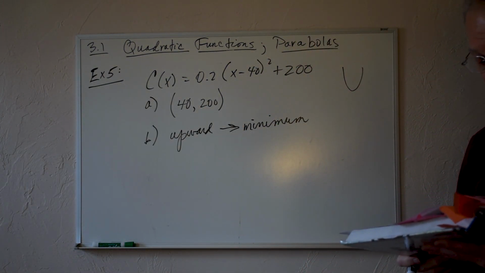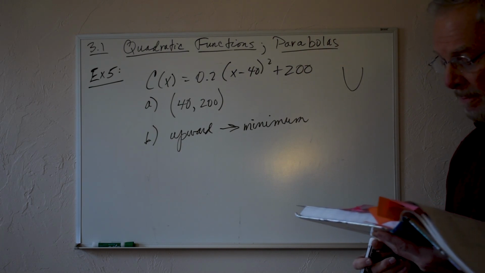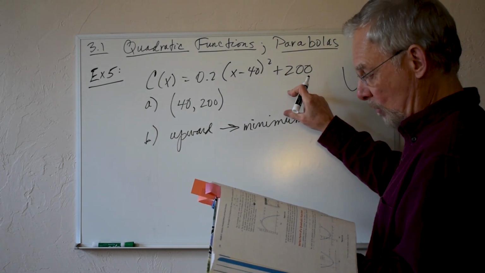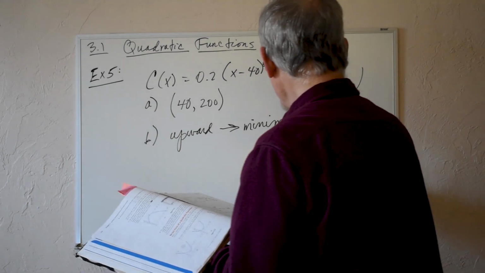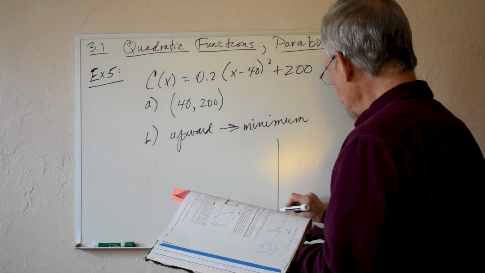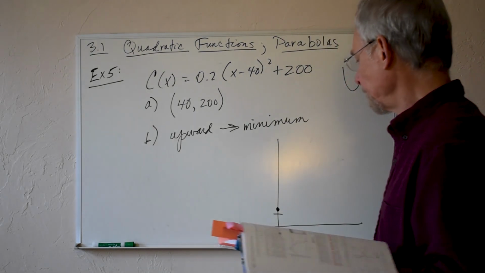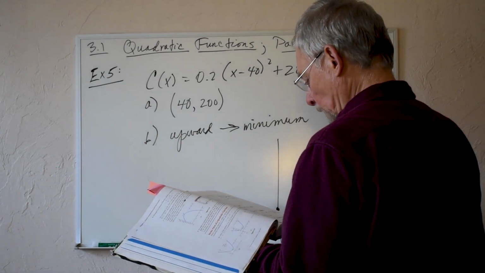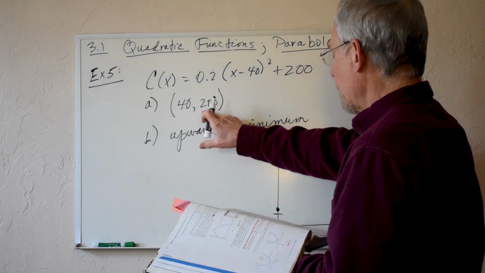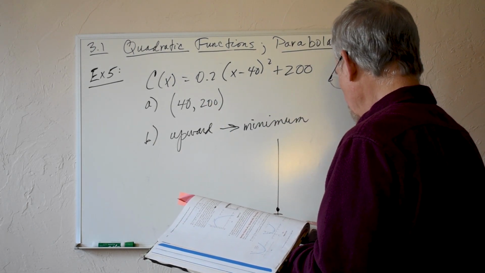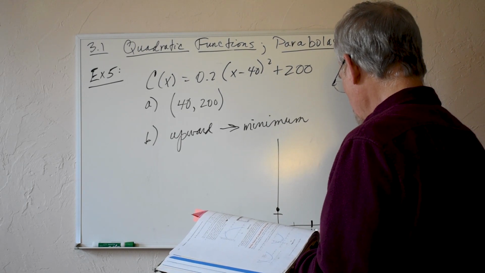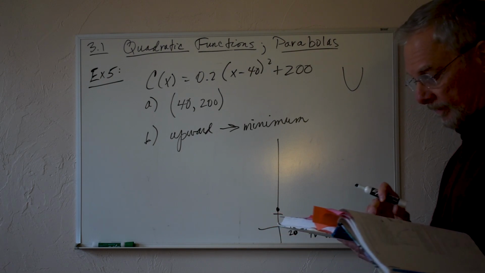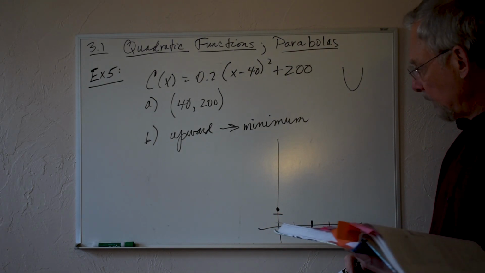In part C, it asks you to draw a quick graph. Well, if you were to plug 0 in here and multiply all this out, you would get 520 as your y-intercept. We see that at 40, this is 20, this is 40, this is 60, so on and so forth. At 40, we have our minimum.